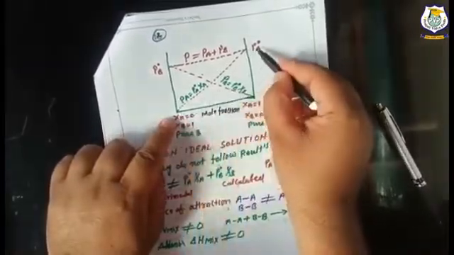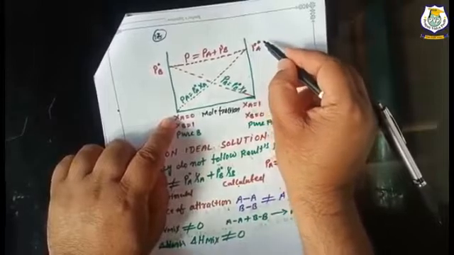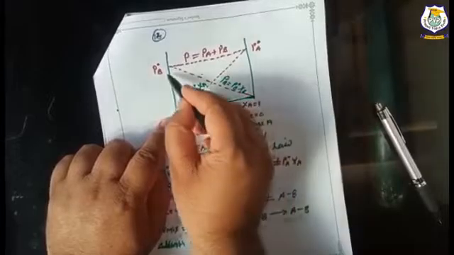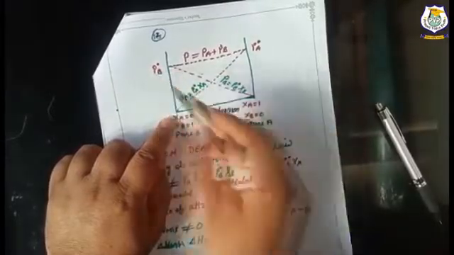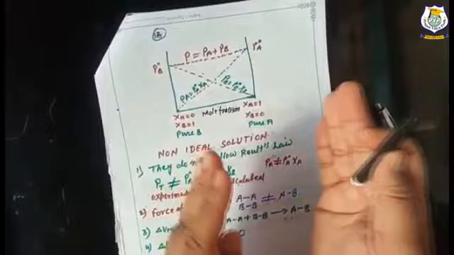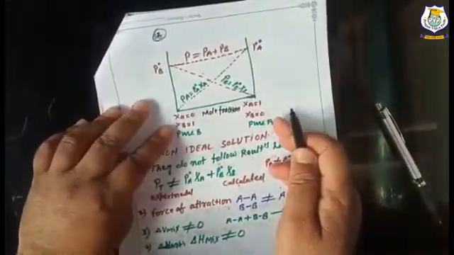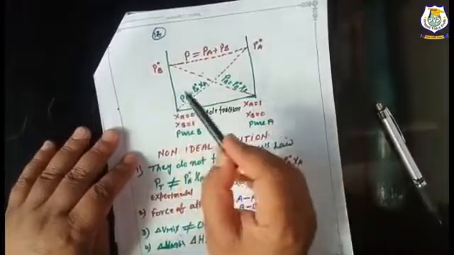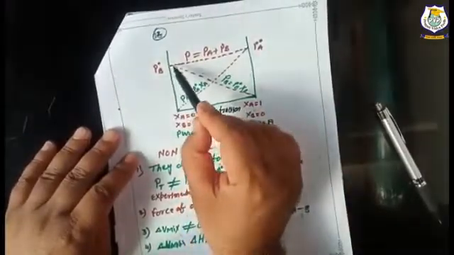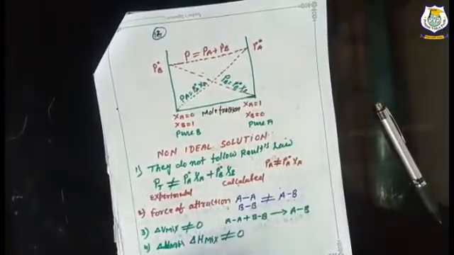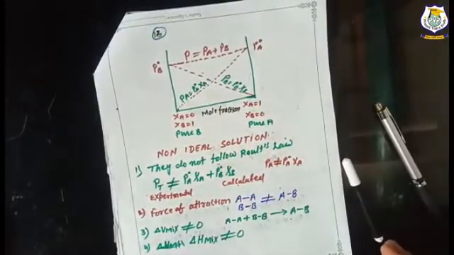Therefore, this line shows P naught A, the vapor pressure of component A in the pure state, and this line shows the vapor pressure of component B in the pure state, because moving right to left, the moles of B increase but the moles of A decrease. And this line indicates the total vapor pressure of the solution, P equals PA plus PB.